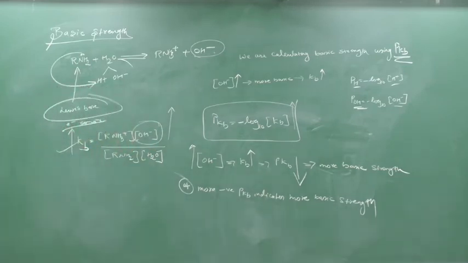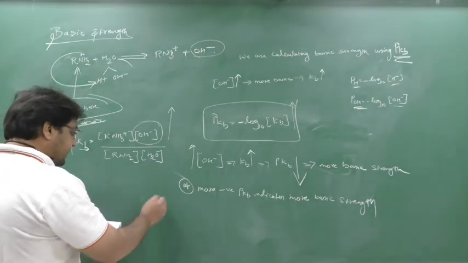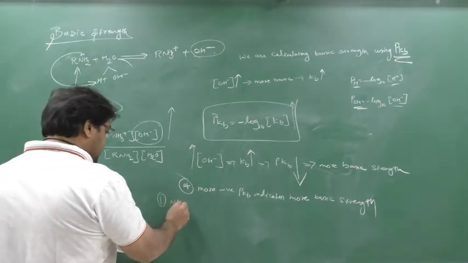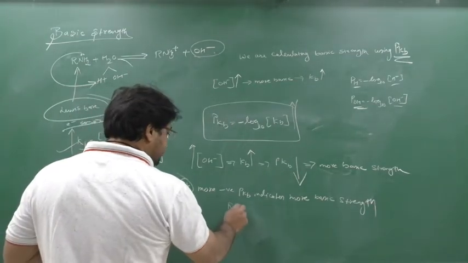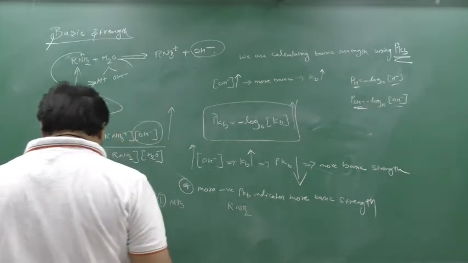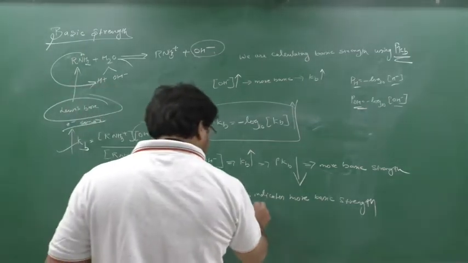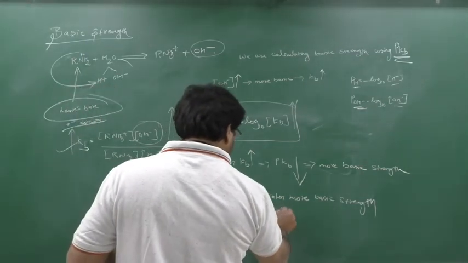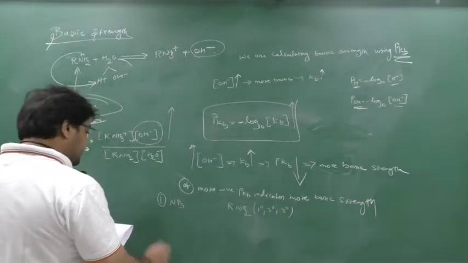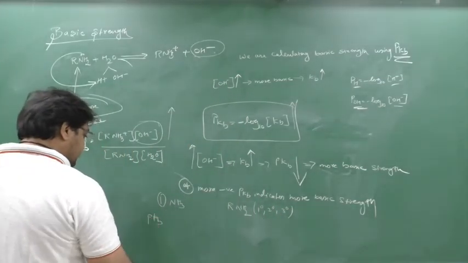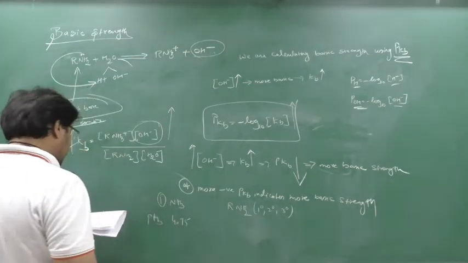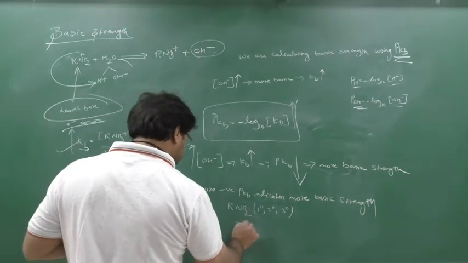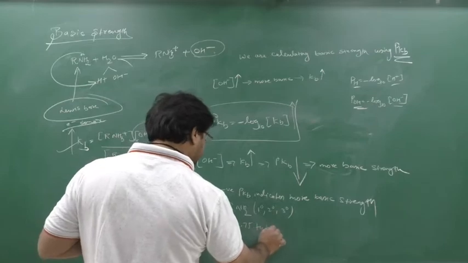Clear this part? Now see, for example, in one exam if I write down here NH3, I have one substance, and I have alkyl amine, that is RNH2. This alkyl amine RNH2 can be 1 degree or 2 degree or 3 degree. Now pKb for ammonia is 4.75 and for amines it is 3.75 to 4.22.